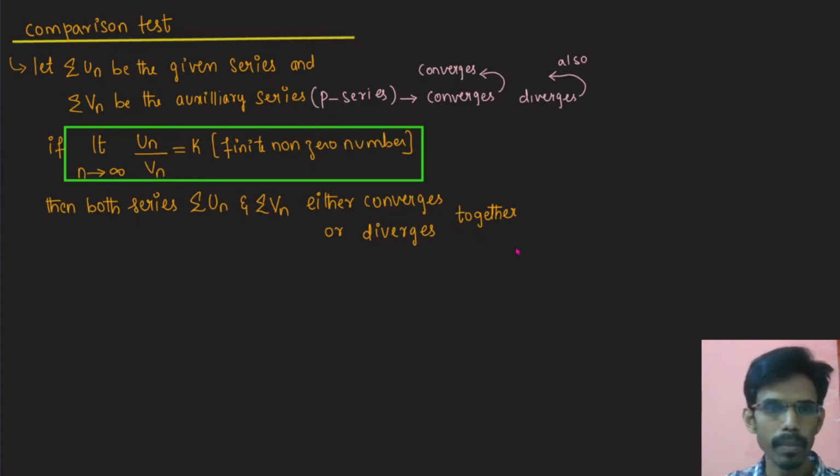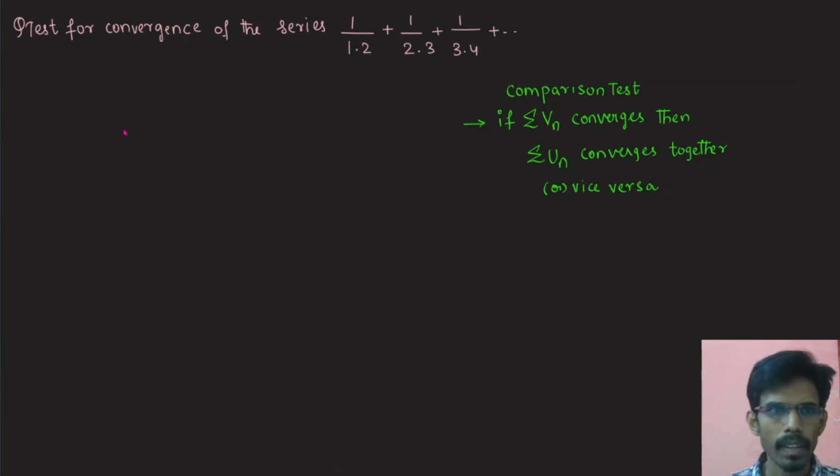We see some example based on this comparison test for convergence of the series 1 by 1.2 plus 1 by 2.3 plus 1 by 3.4 plus and so on. Here the series is given. Now let us find the solution. See here, numerator all are 1.